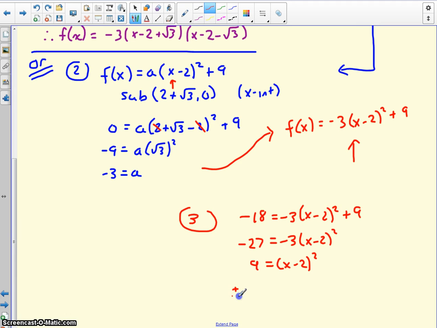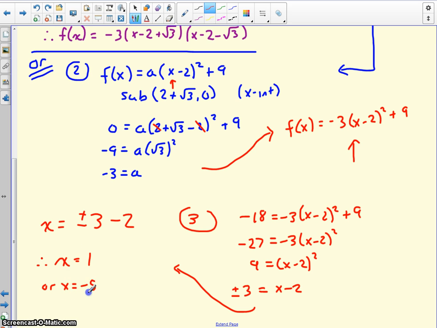Square root will give me plus or minus 3 on the left side of the equation. So that gives me two solutions. So I wind up with x being equal to plus or minus 3 minus 2. So that means that x equals positive 3 minus 2, which is 1, or negative 3 minus 2, which is negative 5. So I got two possible answers there.